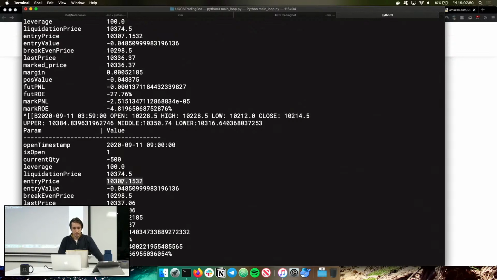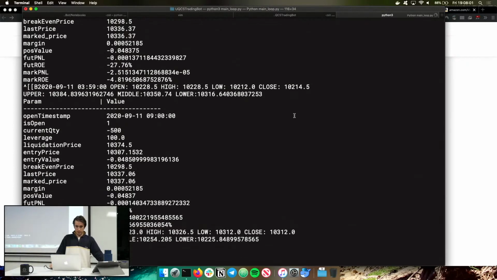So we entered at 307, and then we could, if we exited now, close out with, what's that, about $83 profit, but we only had to put $5 down.